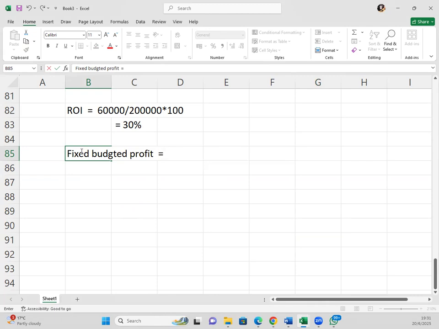The fixed budgeted profit is equal to the standard profit on actual sales plus the sales volume variance.